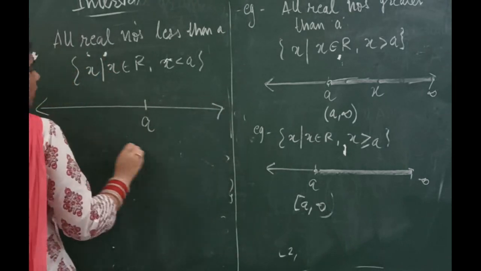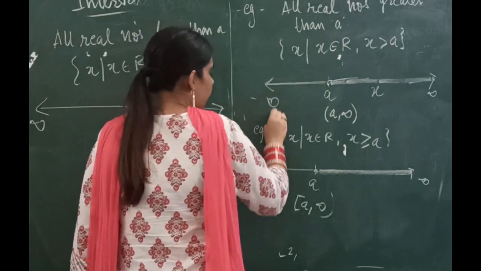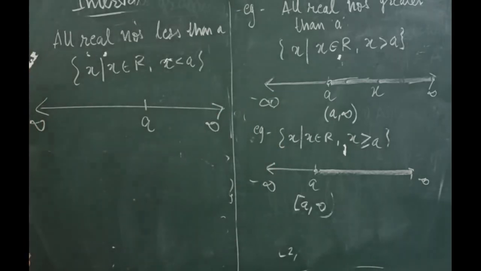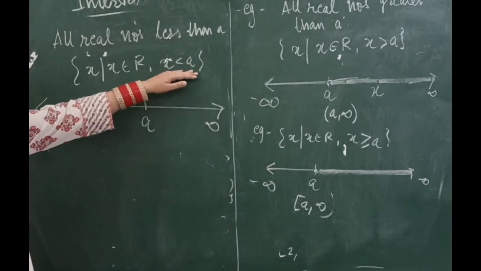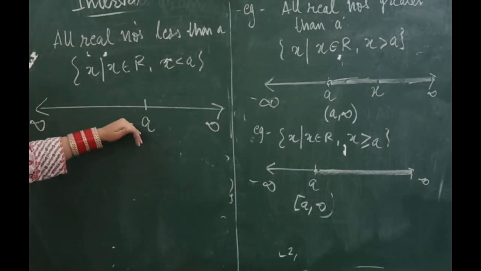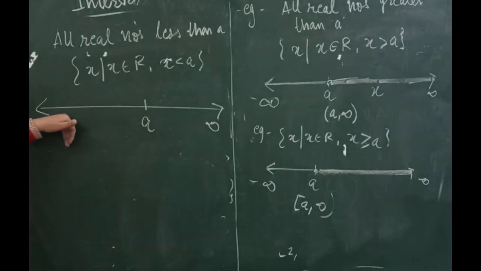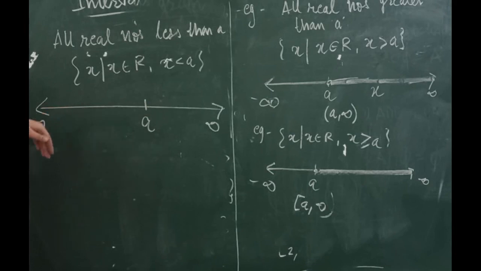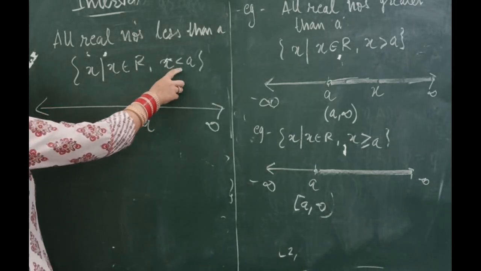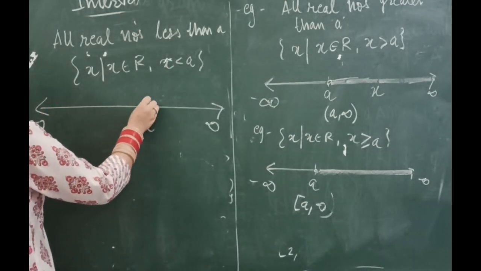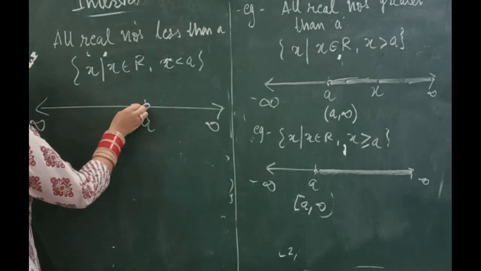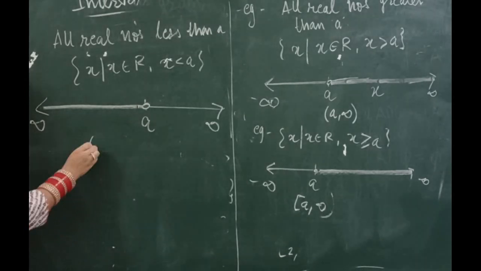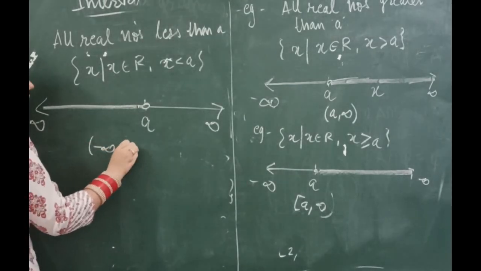Here minus infinity, here plus infinity. When I am talking about less than A, I will talk about all the numbers which lie on this side because I am saying here X is less than A. And I have not written an equal to sign, therefore I will put an open hole here. I will simply bold this line, and if I have to write this, I will simply write (minus infinity, A).